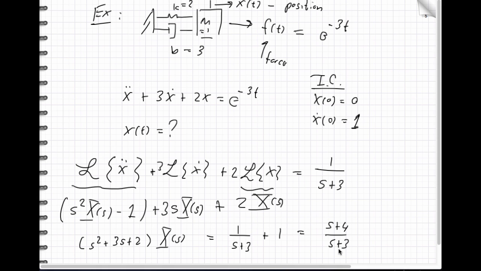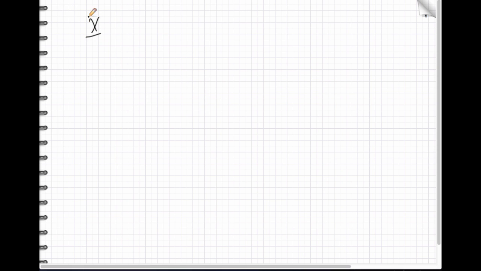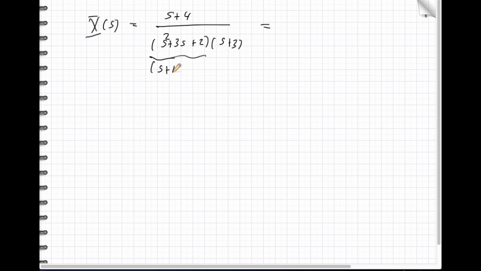All right. So now I'm going to clean this up and solve for x of s. So x of s is equal to s plus 4 all over s squared plus 3s plus 2 times s plus 3. I can factor this, so this actually factors to s plus 1 times s plus 2.